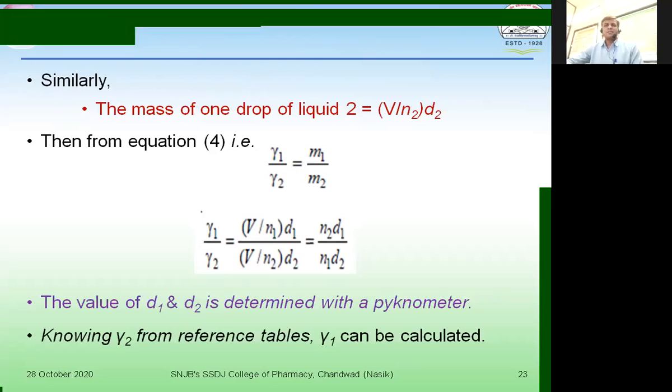In case of surface tension, we allow the drops to be formed in air, and in case of interfacial tension, we allow two immiscible liquids to form a drop. One liquid will be taken into the beaker, and another liquid which is immiscible will be taken into the stalagmometer.